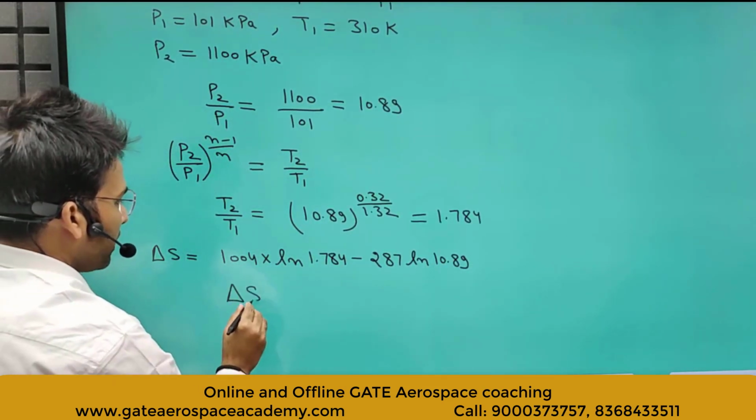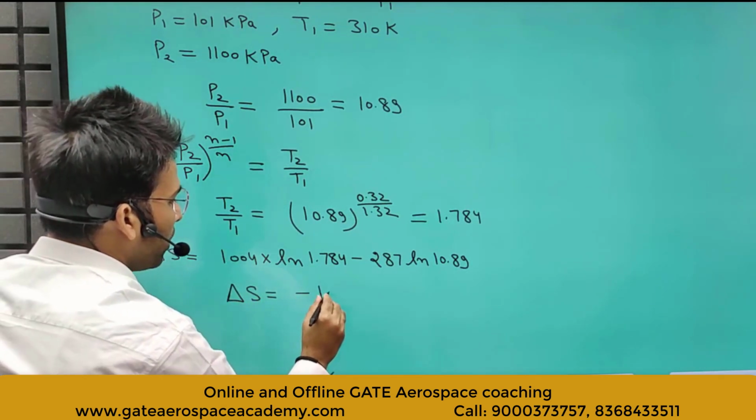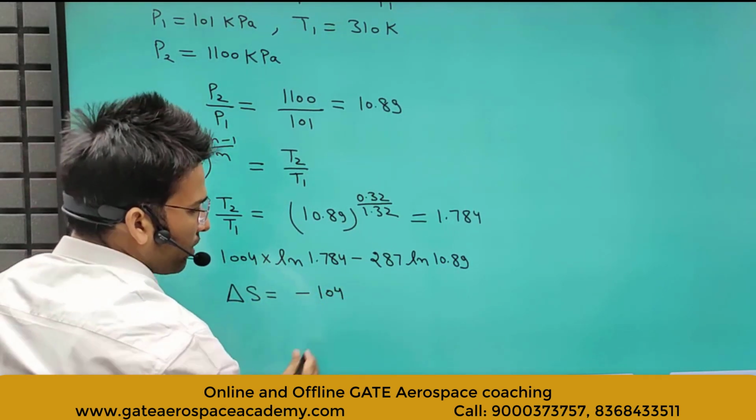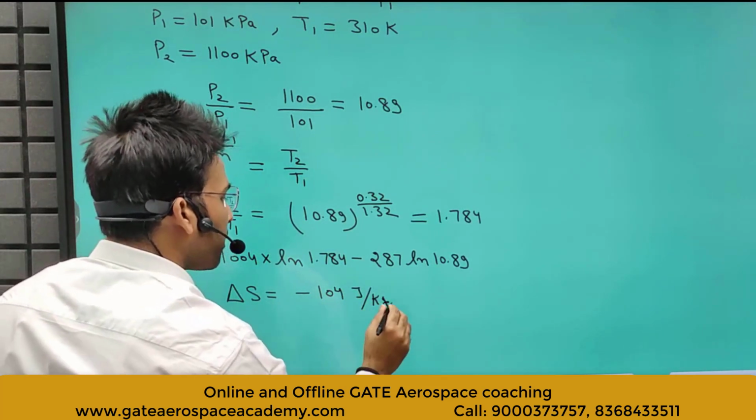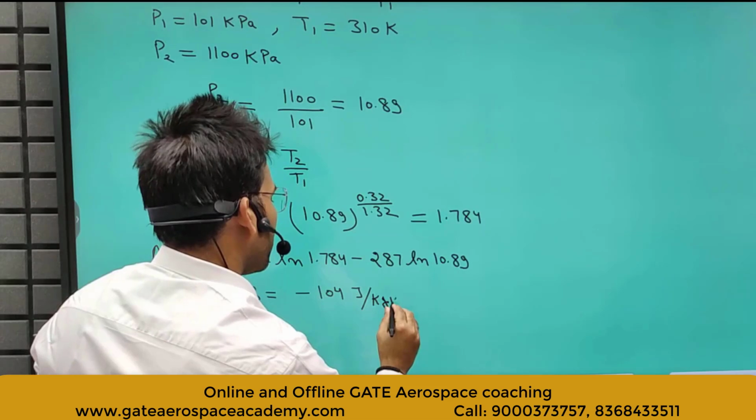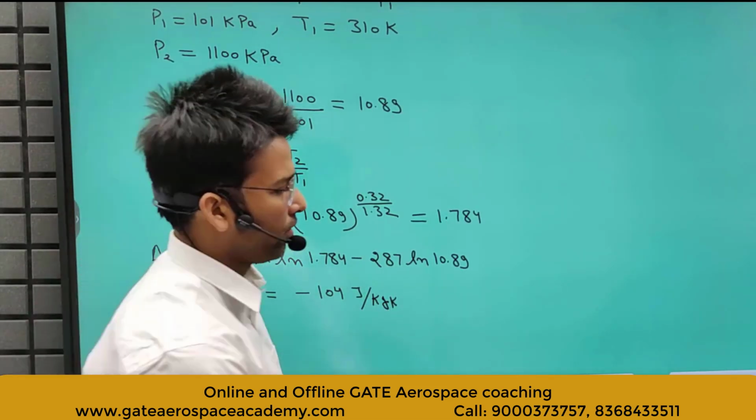So we will get delta S is equal to minus 104 joule per kilogram Kelvin. Let's move to next question.